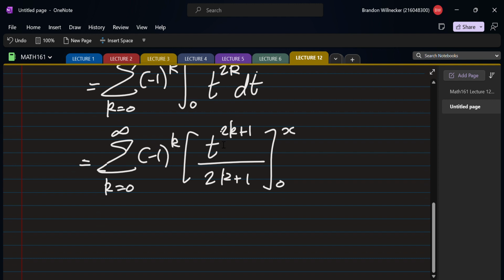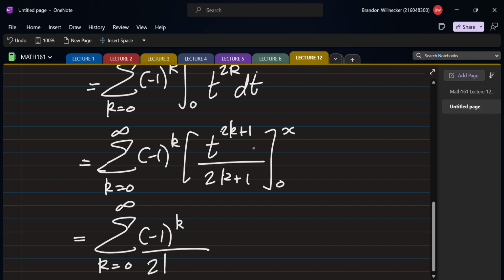If we substitute x, we get x to the 2k plus 1 over 2k plus 1. So finally, we can write the Taylor series as the sum from k equals 0 to infinity, minus 1 to the k over 2k plus 1, x to the 2k plus 1. Fairly similar procedure to what we did in the previous example.